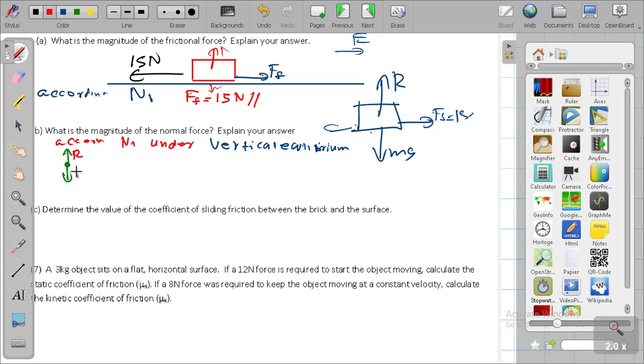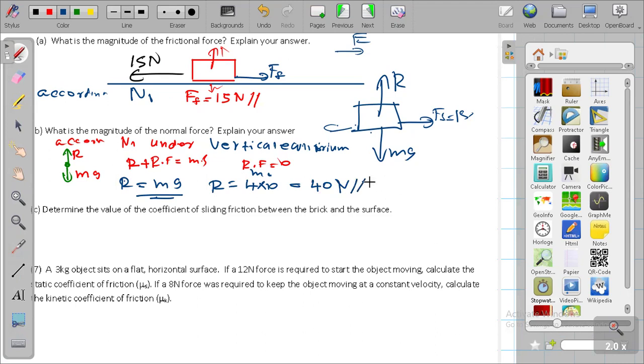R should be equal to mg. So the resultant force is 0. So R is equal to mg. So R is 4 into 10, so it is 40 Newton upwards.